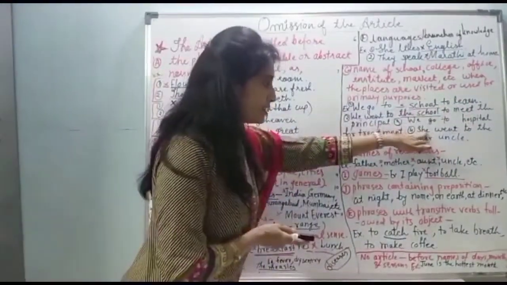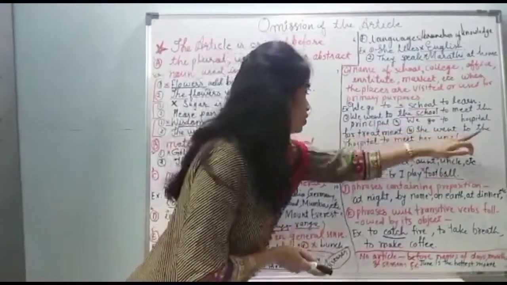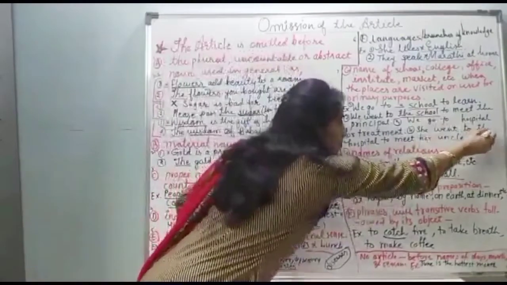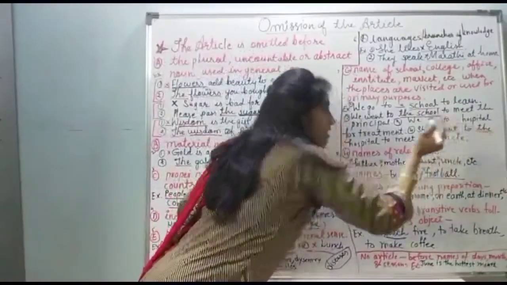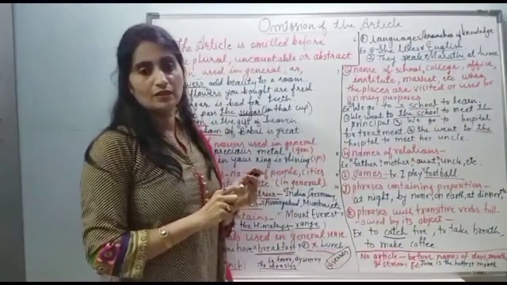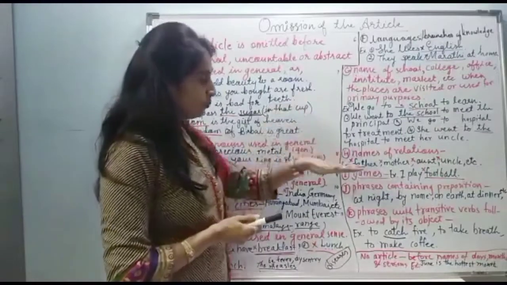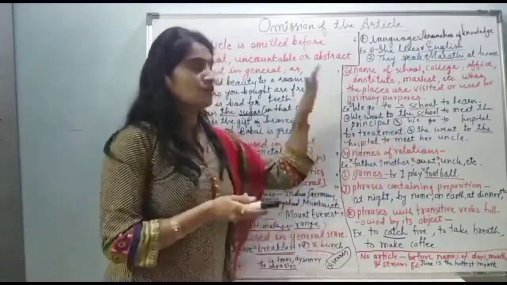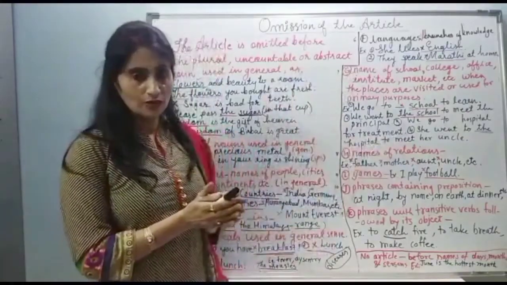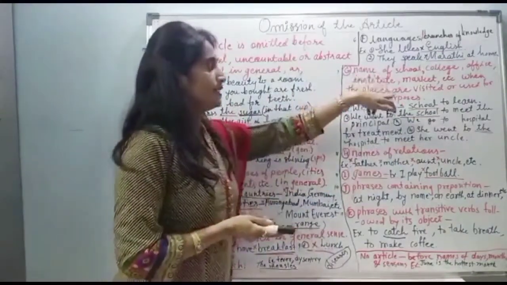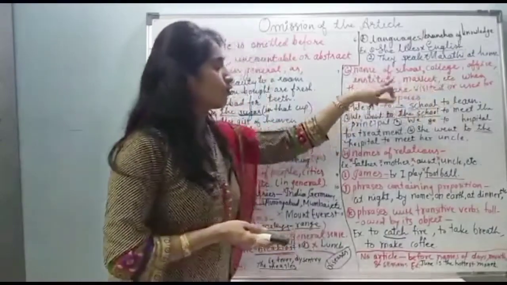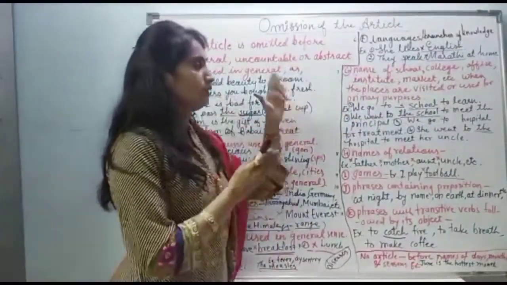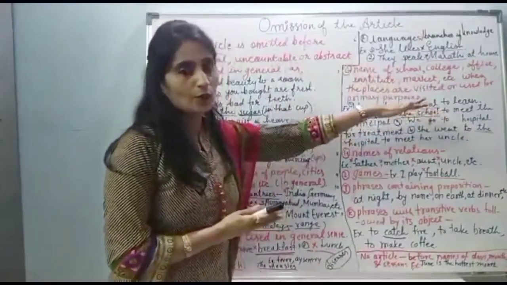But see this second sentence. She went to the hospital to meet her uncle. The purpose is given here. The specific purpose is given here. So you can understand from this that if the noun is used in general, if the place is visited or used for its primary purpose, then no article is used before the noun.